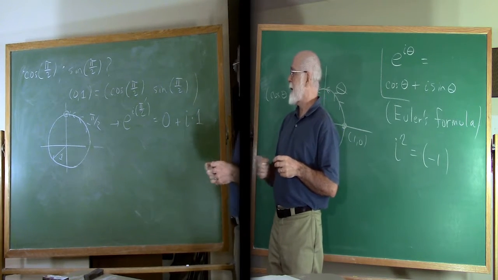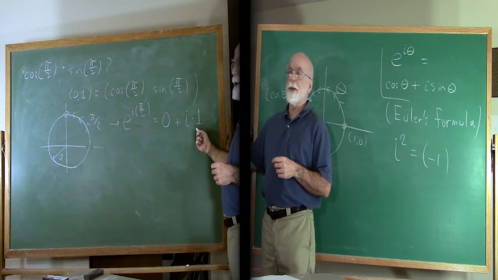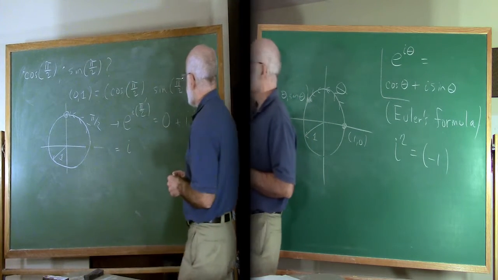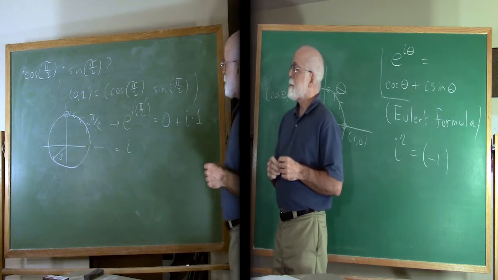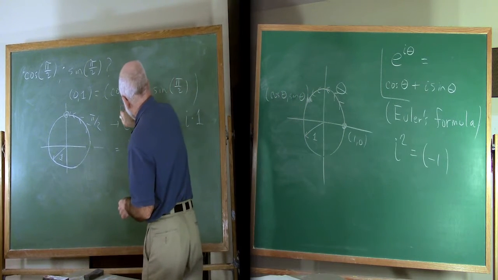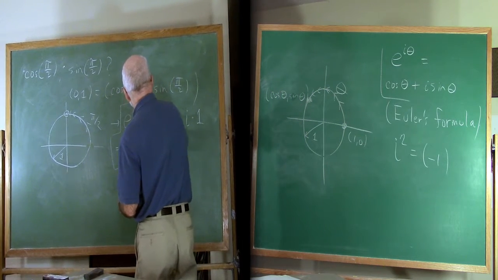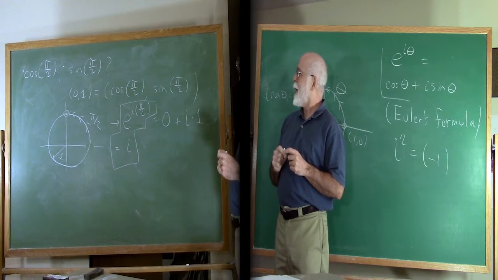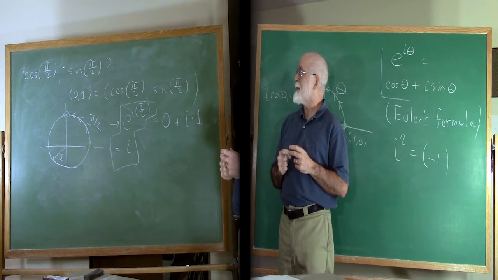This time we're getting an imaginary number for the exponential. I really have to put a bracket around this. There's a combination of all the strange numbers we've seen.